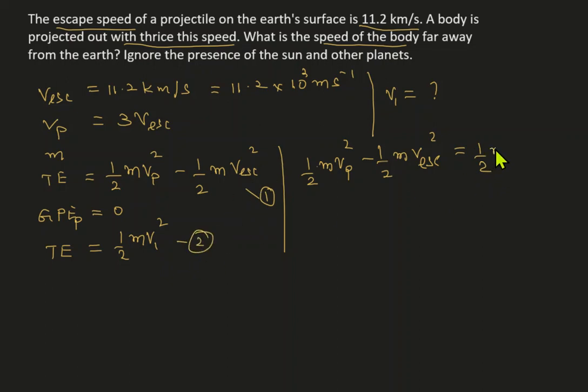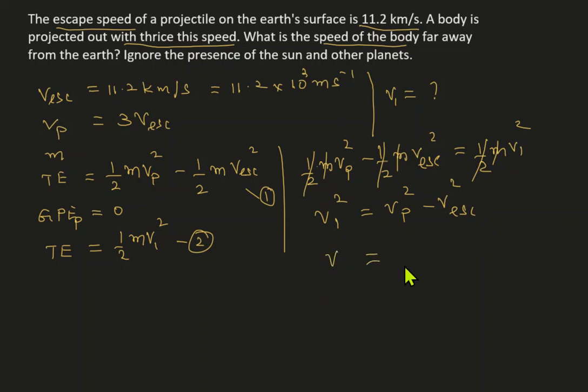So half m v1 squared, right? And we can strike out half m in all these cases, half cancel, m cancel. Now we have v1 squared is equal to vp squared minus v escape velocity squared. Our objective is to find out v.